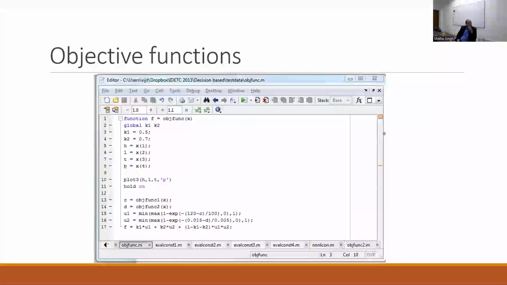Let's see if there's anything else I wanted to say here. Yes. If we solve this problem as a multi-objective optimization problem where I did not do this utility function step, I just simultaneously minimize the two objectives and get a Pareto front. And if I solve this problem using the utility function like I do here, will this solution be found on the Pareto front? Yes, it will be one of the solutions.